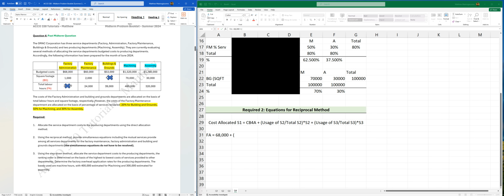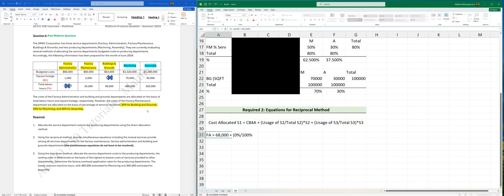The factory maintenance costs are allocated. They give 20% to building and grounds, 50% for machining, 30% for assembly. So yes, factory maintenance does not help factory admin at all. So what's the usage of S2? 0% over the total of 100%.